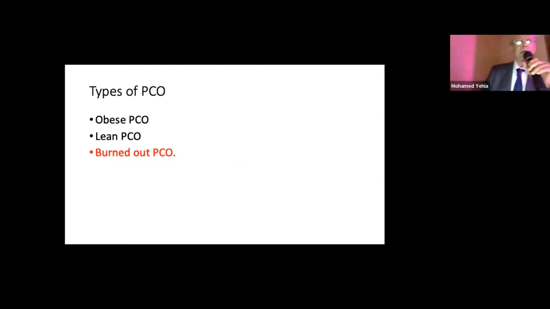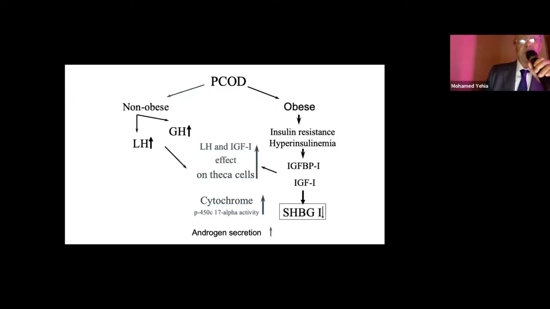Generally speaking, PCO divides into obese PCO and lean PCO, and there is a third category which not a lot of people are aware of, which is burned out PCO, and this was again mentioned in the previous talk when we spoke about resistant patients with polycystic ovary. So in obese patients, these are patients who have insulin resistance, hyperinsulinemia.